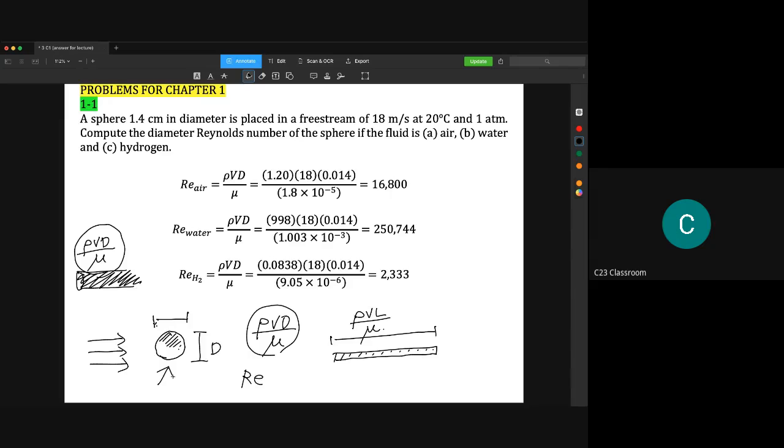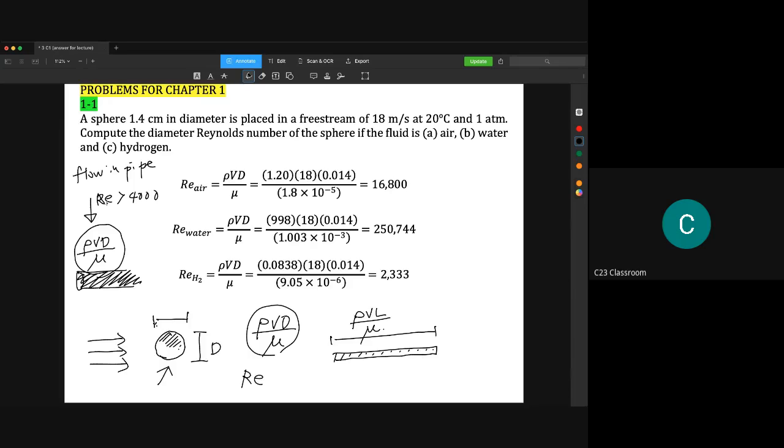However, the range is different, because in this situation it is about flow in a pipe. For flow in a pipe, the flow is turbulent when the Reynolds number is more than 4,000.